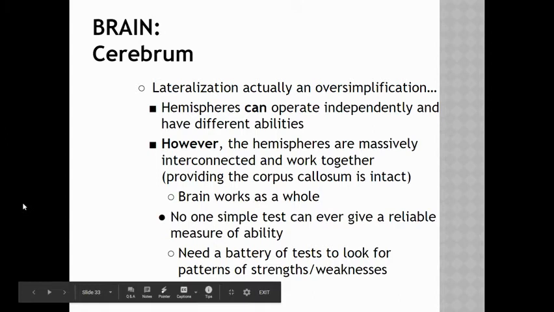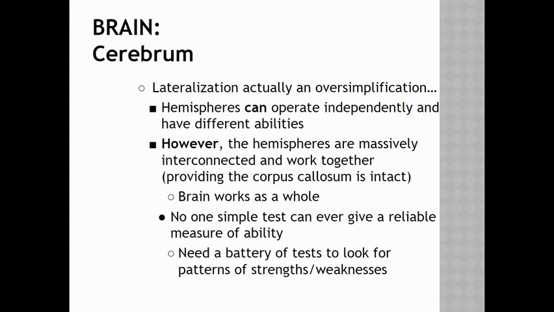Now, these sorts of tests, the spinning girl, the face, and the coffee beans, are very simplistic. And not only are the tests an oversimplification, lateralization in general is an oversimplification. Hemispheres can operate independently and have different abilities. However, the hemispheres are massively interconnected and work together, providing the corpus callosum is intact.